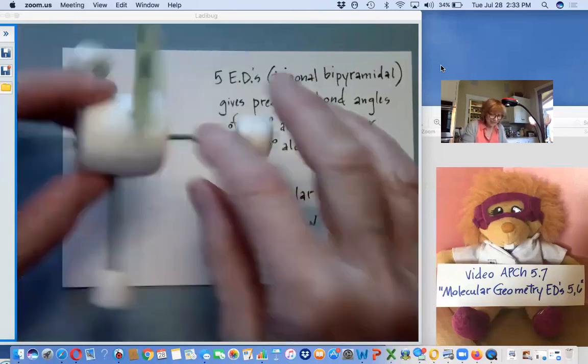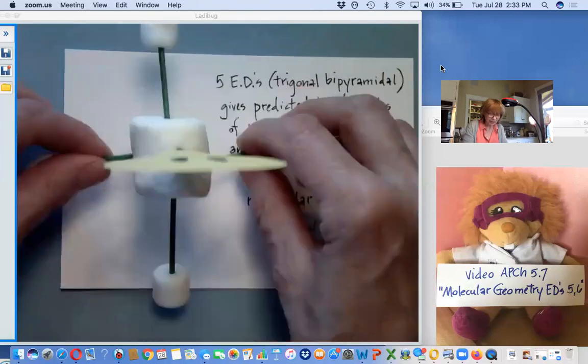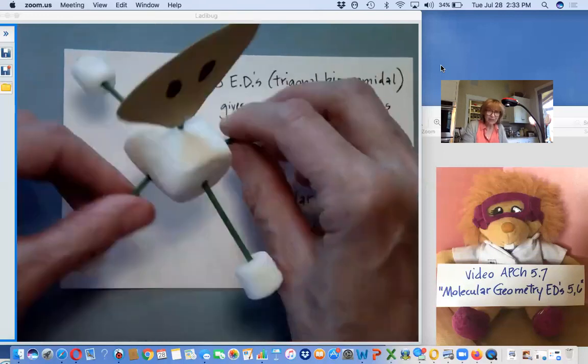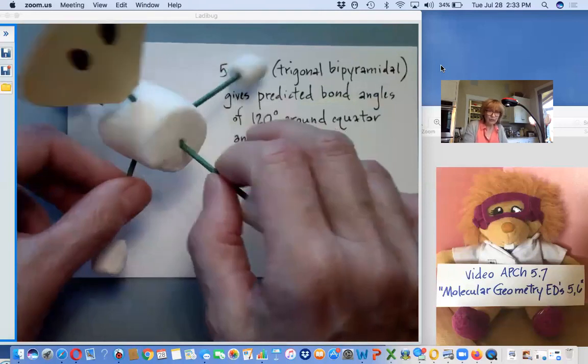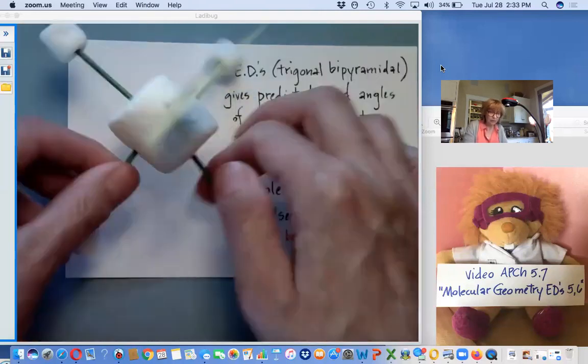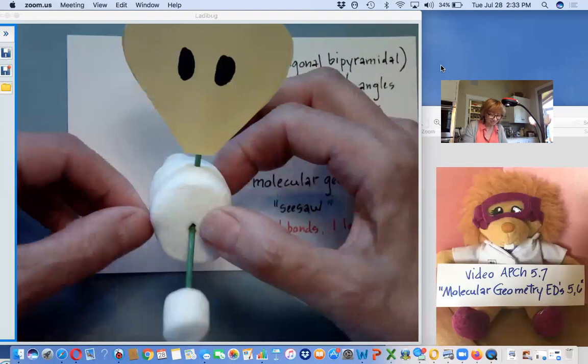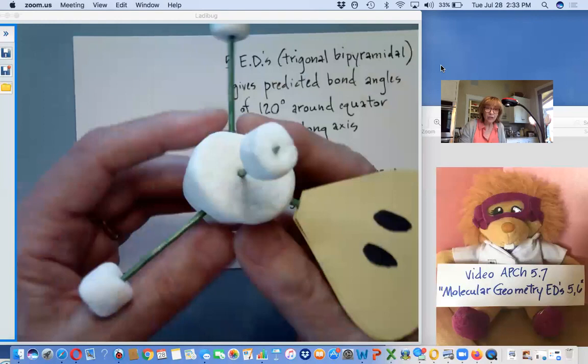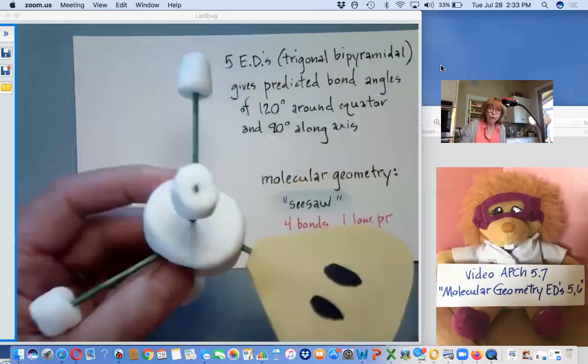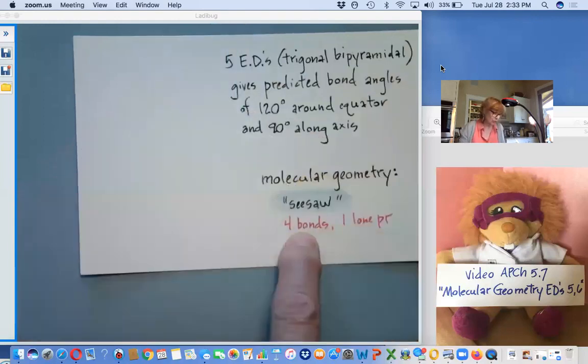I don't know if you can see any seesaw action here. Think of it as kind of dipping back and forth, seesaw, with a little alien sitting on the seesaw. Okay, so 5 electron domains around the central atom. 4 of them are bonds, and 1 is a lone pair.